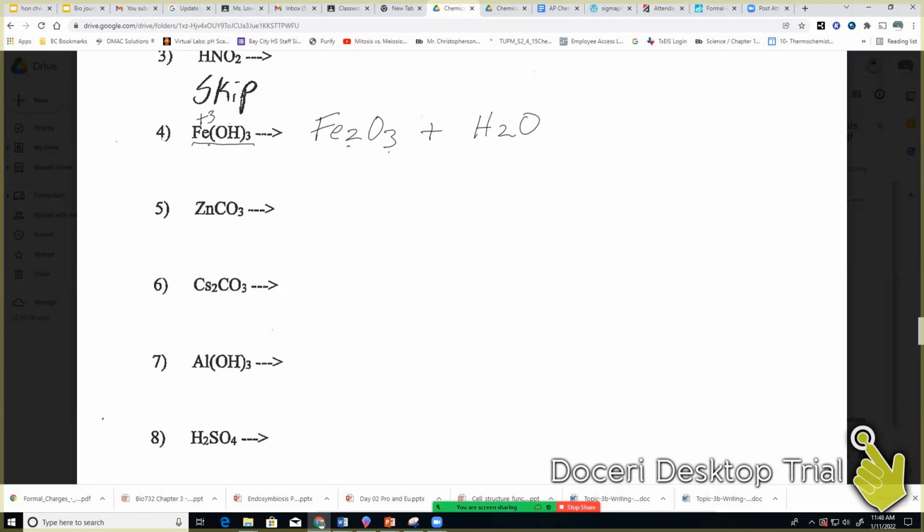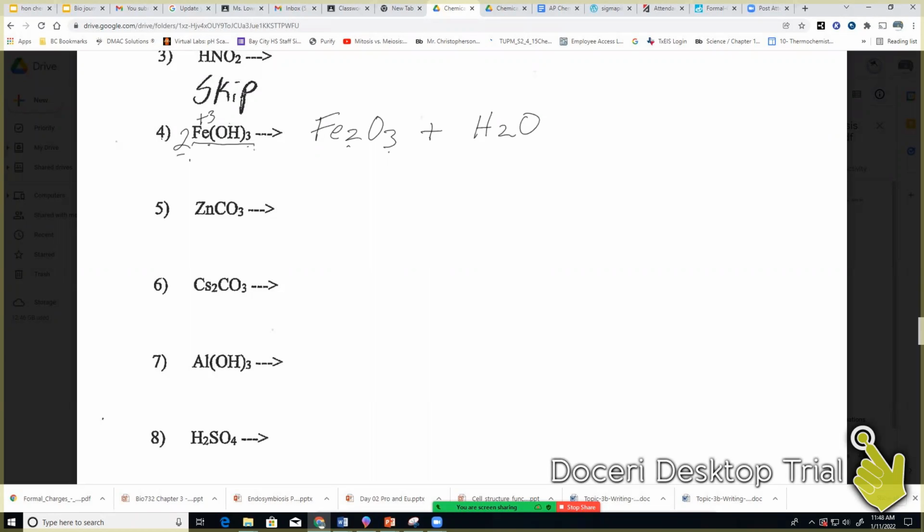And then we would need to balance it. What do I need to do to balance this one? I need a 2 in front of that. That one kind of jumps out at me, right? And then what else do I need to do? So how many hydrogen do I have? 6.